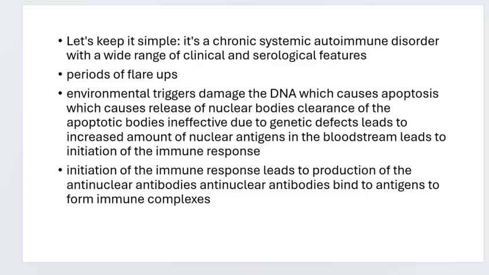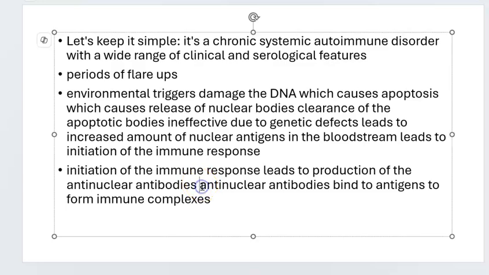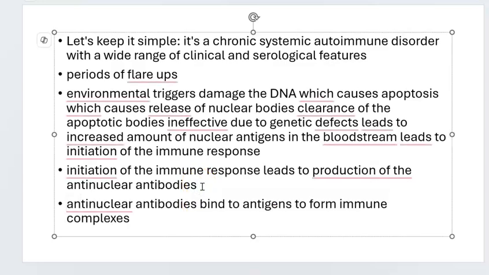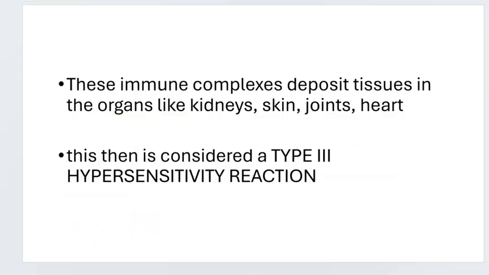Once that happens, we're going to produce anti-nuclear antibodies, and those are going to bind to antigens to form immune complexes, and now that's what is attacking our skin or our bodies. So those complexes then deposit in tissues and organs like the kidney, skin, and joints, and that is considered a type 3 hypersensitivity reaction.